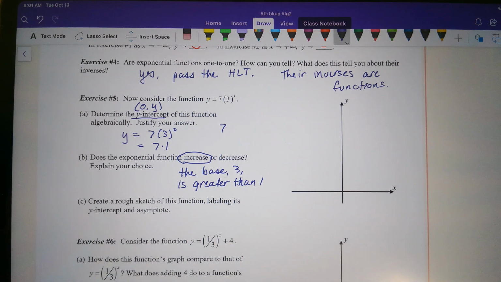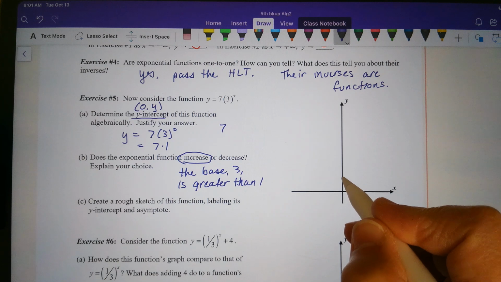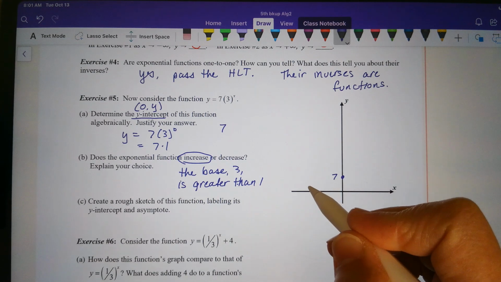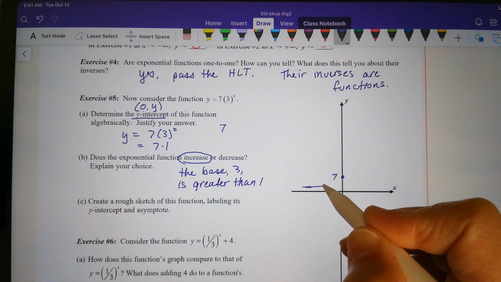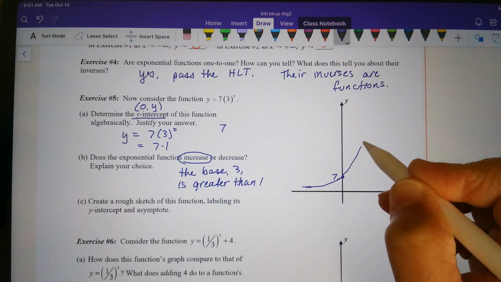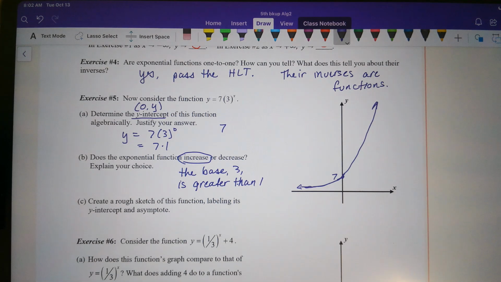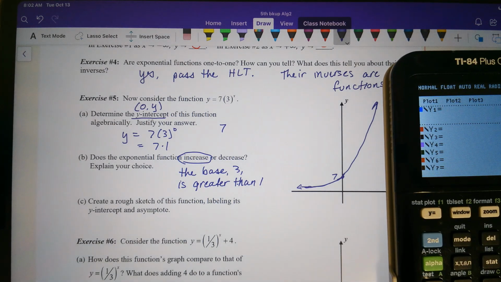Create a rough sketch of this function labeling its y-intercept and its asymptote. Okay, so its y-intercept we know is 7. So I'm just going to put a point here, 7, and we know it's increasing. We can look at it in a calculator if we want, but it's just going to be an increasing exponential function like this.